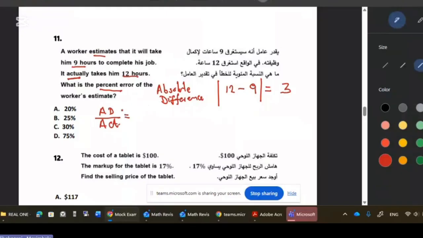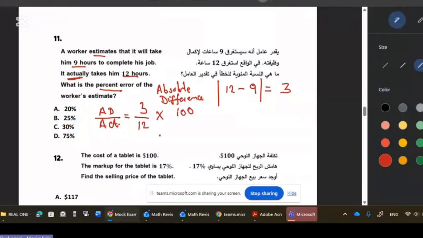The absolute difference is 3 over 12. This is actual. It says here actual. Multiply by 100.